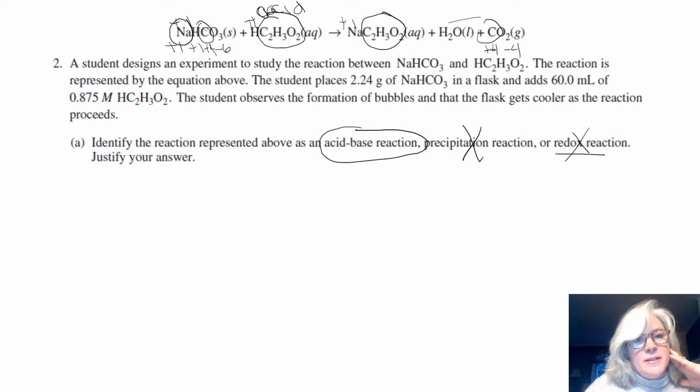If I look at this ion, that comes from a strong base. So this must be a basic salt. So this is going to donate a proton. That is going to pick up the proton. So we do have an acid-base reaction.